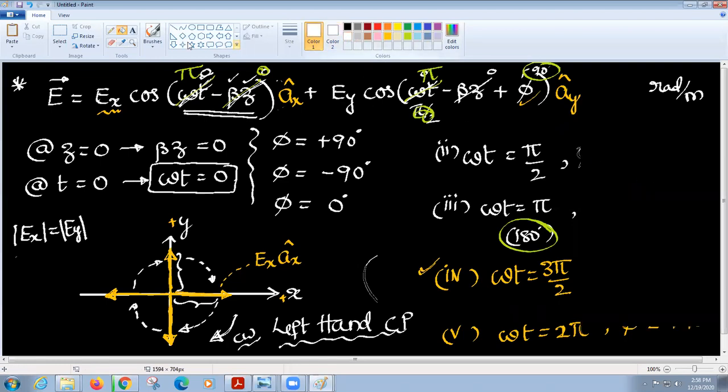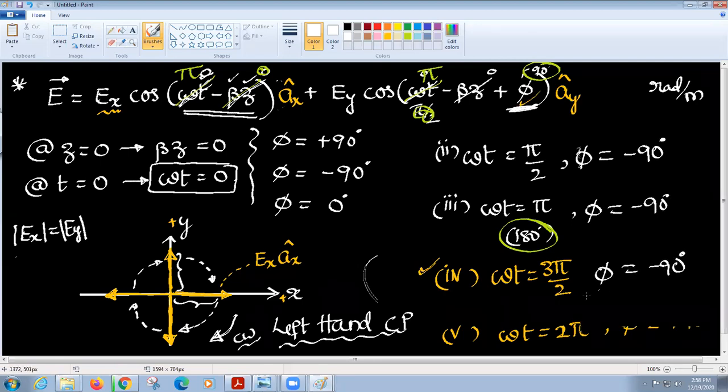I take this color. Now this time, whatever phi you're seeing here, you take phi equal to minus 90. That's it. Just go ahead with this.